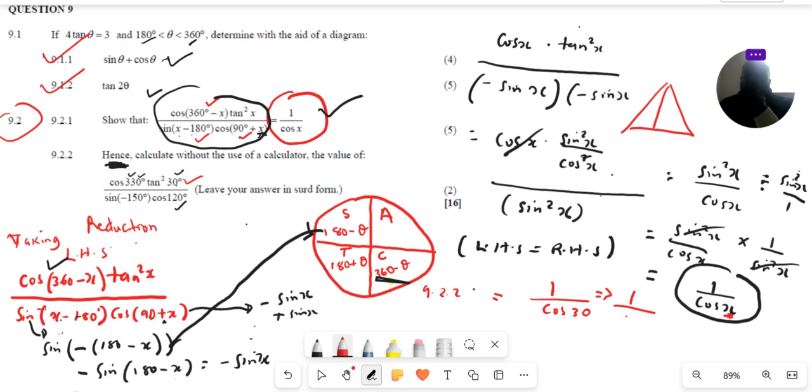It will be root 3 over 2. We can either give this answer, or we can say this is the same as 2 root 3 over 2. This gives you the final answer.